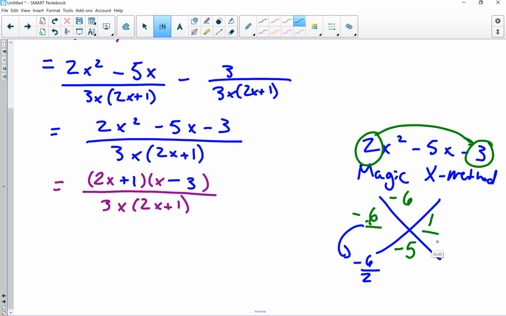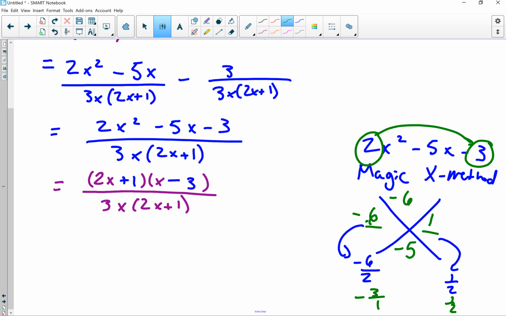So I have to divide by 2, take this guy, divide by 2, and then reduce the fractions. We want to reduce them. So -6/2 reduces to -3/1. 1/2 doesn't reduce. And so right now I've actually found all the values from our factorization here.